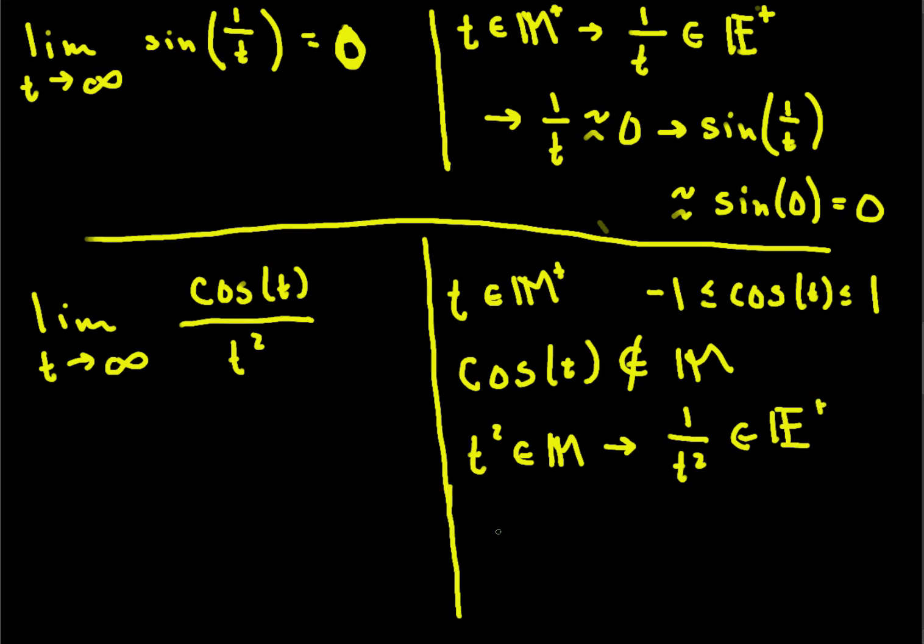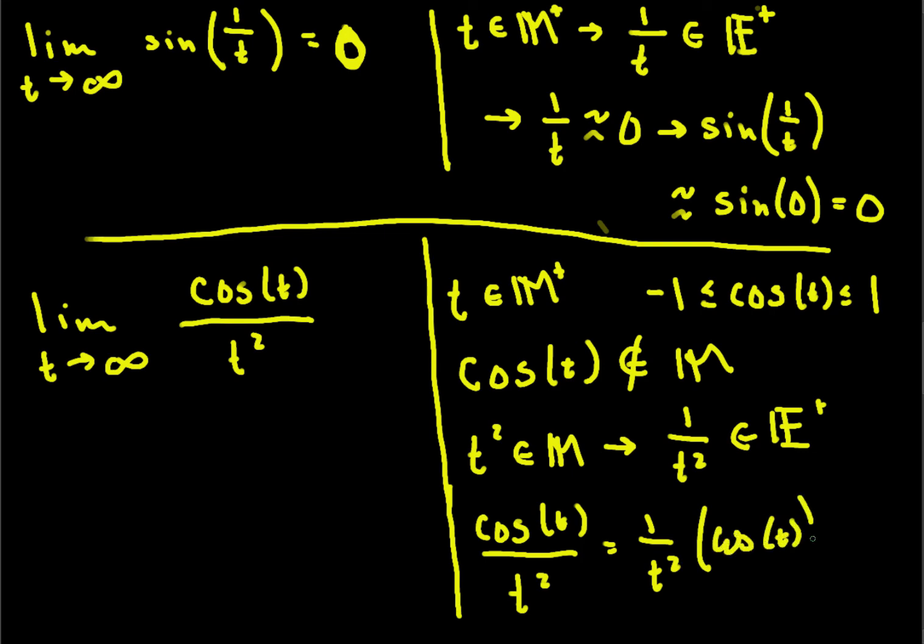So then cosine of t over t squared is the same as 1 over t squared times cosine of t. Infinitesimal times finite is an infinitesimal, so this is infinitely close to 0, and we're done. The limit in this case is 0.